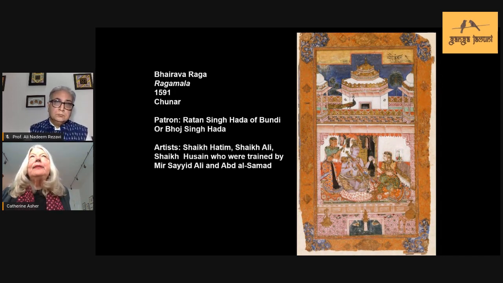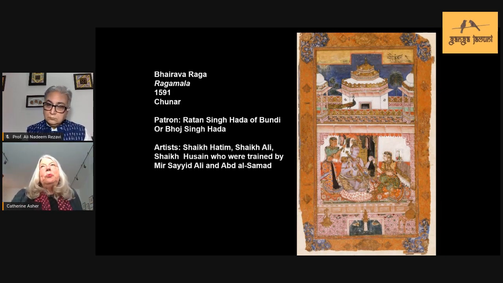And this really is the beginning, the seeds, of Rajput painting, which becomes so heavily influenced by the Mughal work. But again, these are traditions that are being shared, as we can see here.